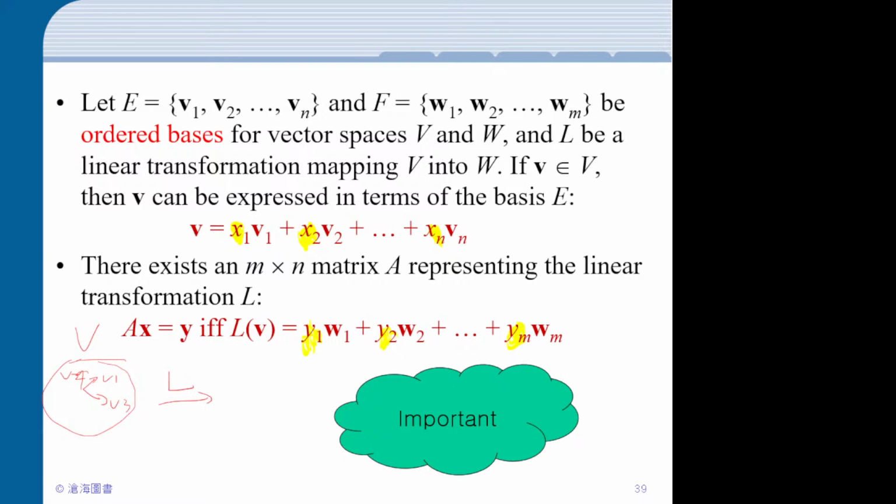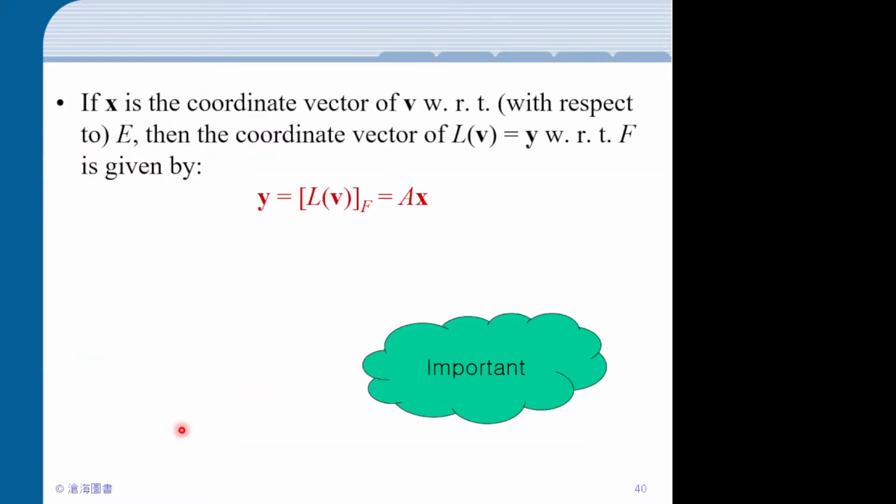Then you can map by L into W, and you get LV1, LV2, LV3, whatever they are. You want to write those in terms of coordinates, so there are some W bases that you can write the coordinates down in.